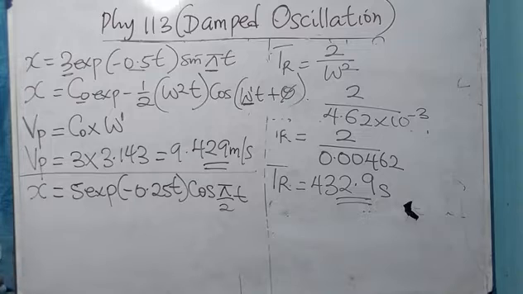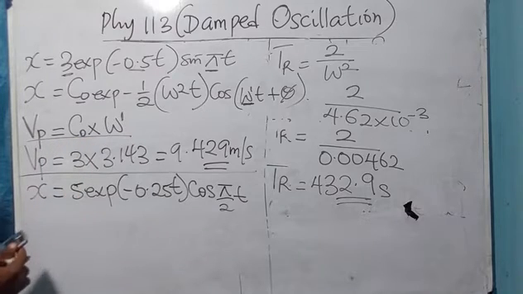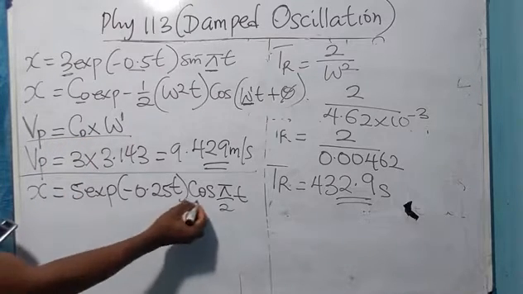Now, I gave us a formula. This is when the equation ends with sine, alright? But this one ends with cos.